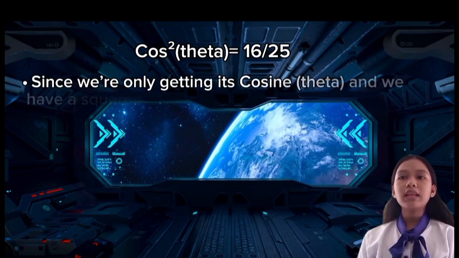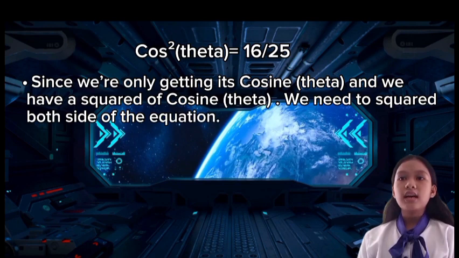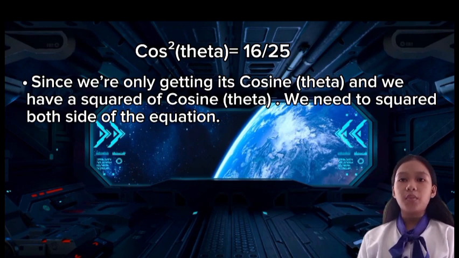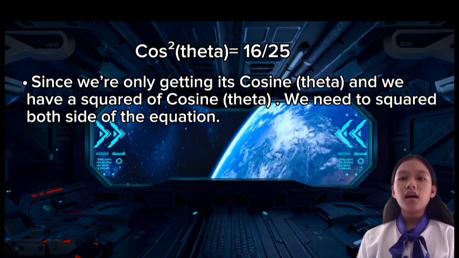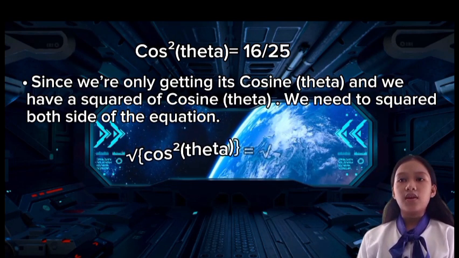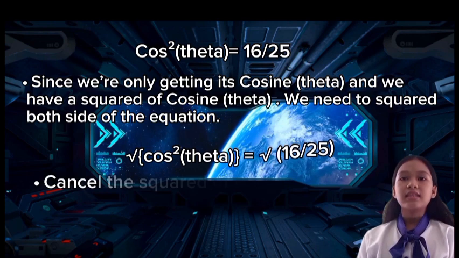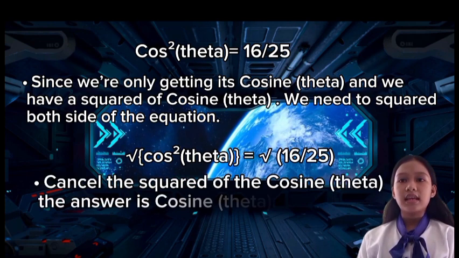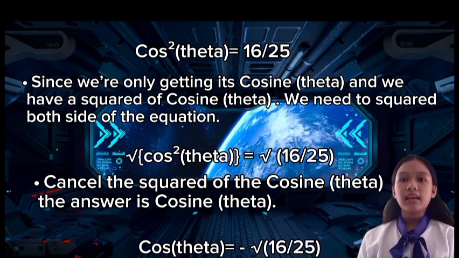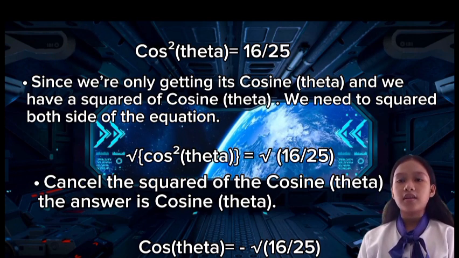Since we're only getting the cosine theta, we have cosine squared theta, so we need to take the square root of both sides of the equation. Cosine theta is equal to the square root of 16 over 25, which is negative square root of 16 over 25.